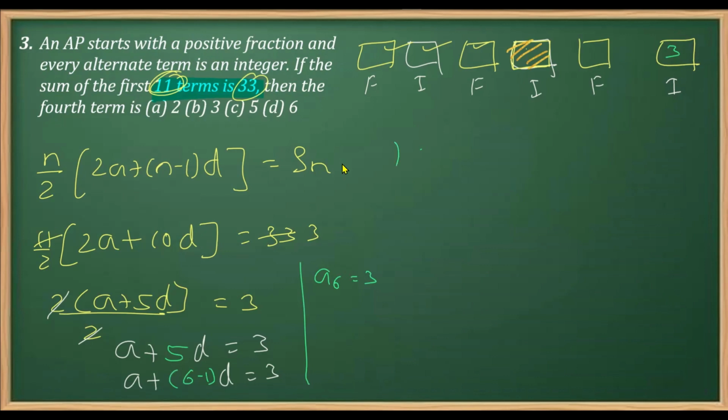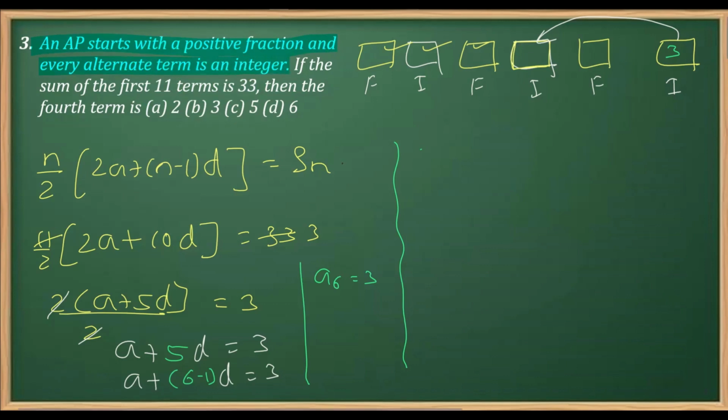Now what you can figure out: if this is an integer, then the other one will be a fraction, right? So if an integer is preceding this, as you can see, a positive integer... if you read the question again, an AP starts with a positive fraction, and every alternate term is an integer.